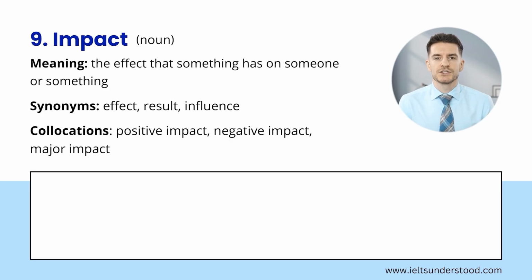Here are some collocations: positive impact. So this means a positive result or a positive effect. Negative impact, well, that's the opposite. That means a bad effect or a bad result. And finally, major impact. So that means a very big effect, a very big result.